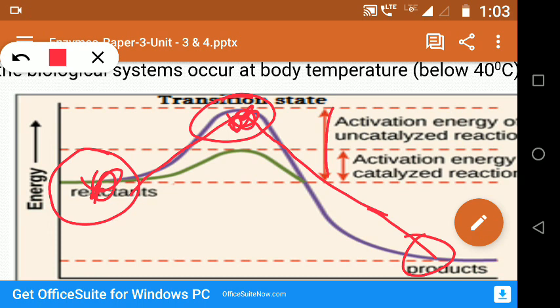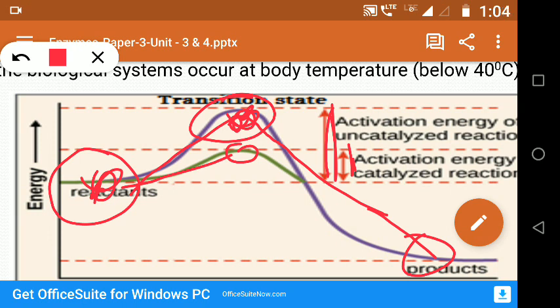In a non-enzymatic reaction, the activation energy is more, but in an enzymatic reaction, the activation energy is lower. Because of this lower activation energy, the enzyme quickly interacts with the substrate and takes that substrate to the transition state very easily, with a minimum amount of energy.